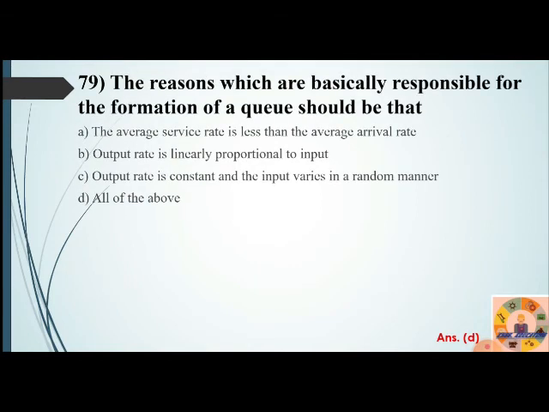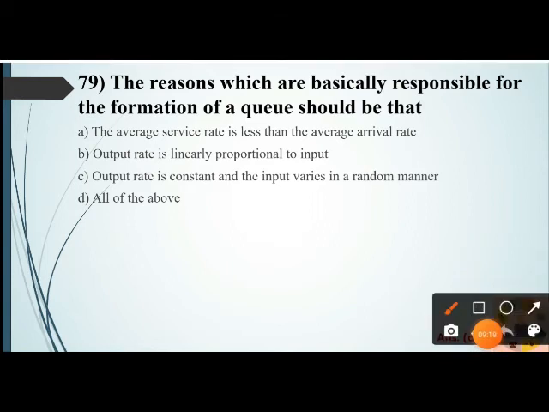Next question is, the reasons which are basically responsible for the formation of a queue should be that the average service rate is less than the average arrival rate, or option B, output rate is linearly proportional to input, or option C, output rate is constant and the input varies in a random manner, or option D, all of the above.